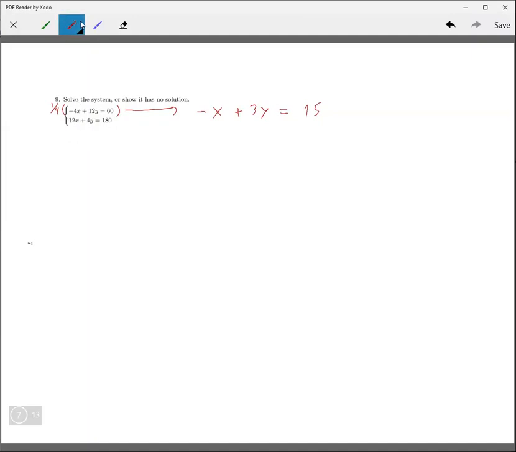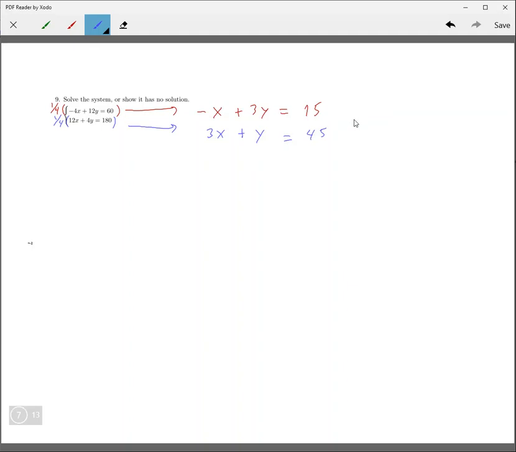Everything here is also divisible by 4, so we'll just divide everything by 4 as well. So 12 divided by 4 is 3, so 3x. Divided by 4 is 1, so that plus y, and then 180 divided by 4 is 45. Okay, so that's going to be 45.